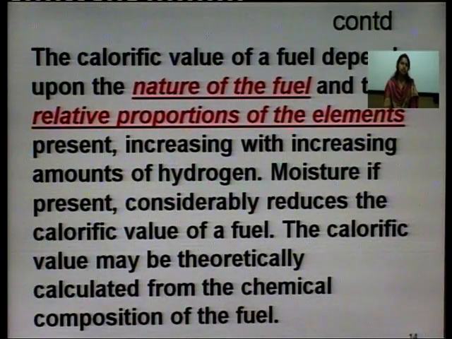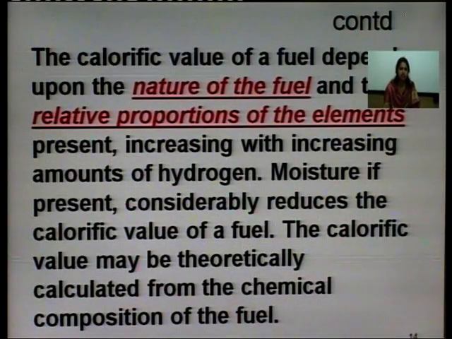It increases with the increasing amount of hydrogen, while moisture, if present, considerably reduces the calorific value of a fuel. The calorific value may be theoretically calculated from the chemical composition of the fuel.